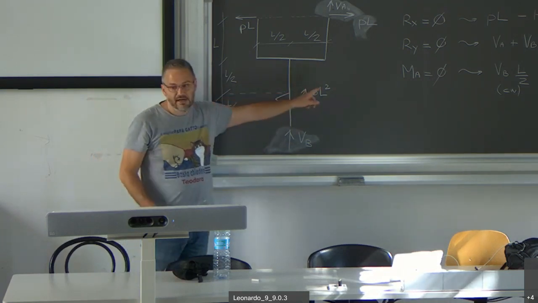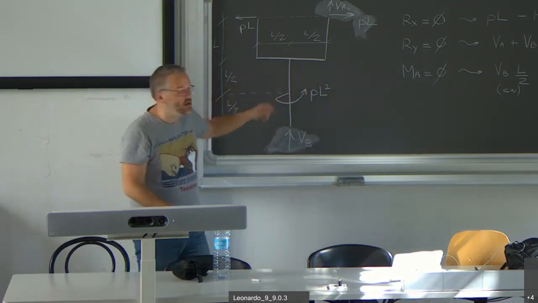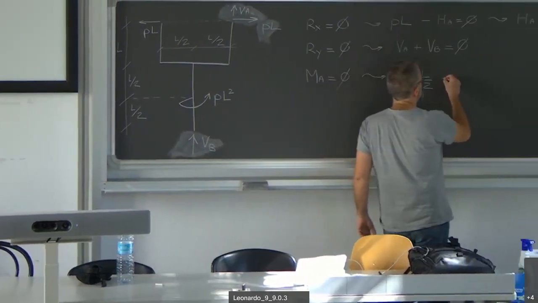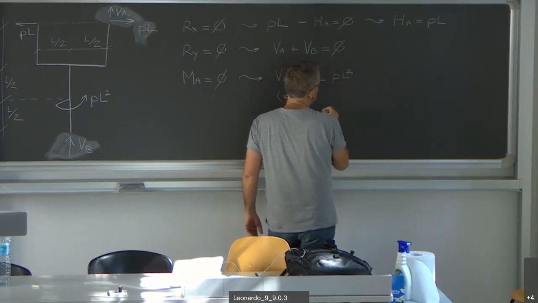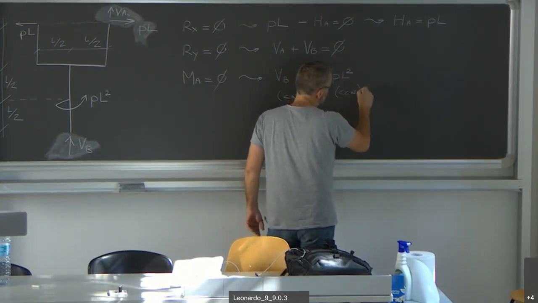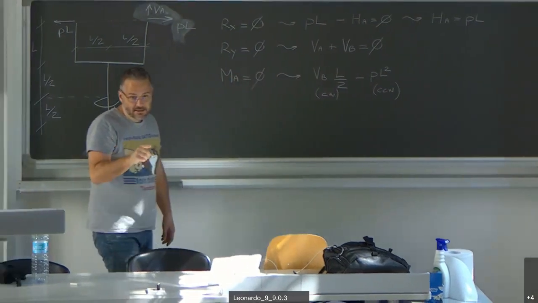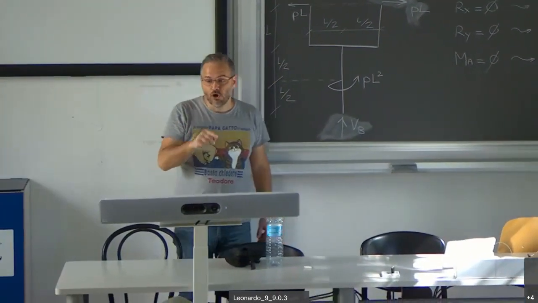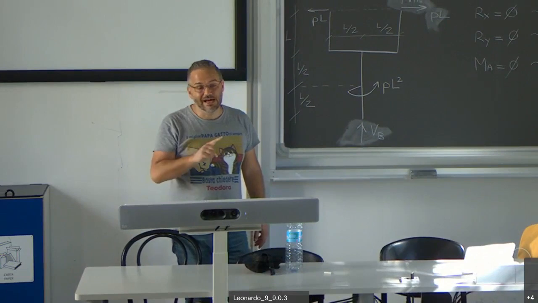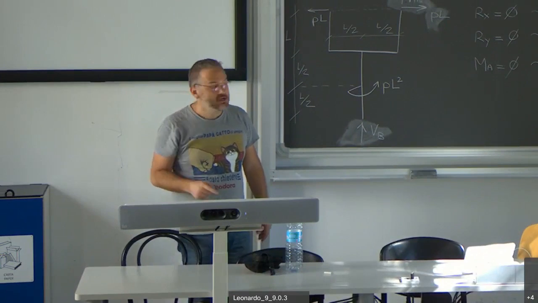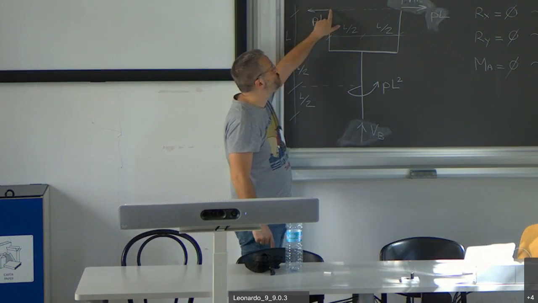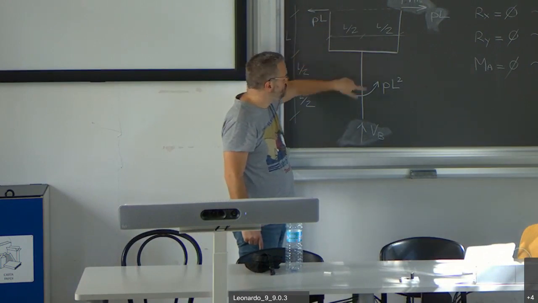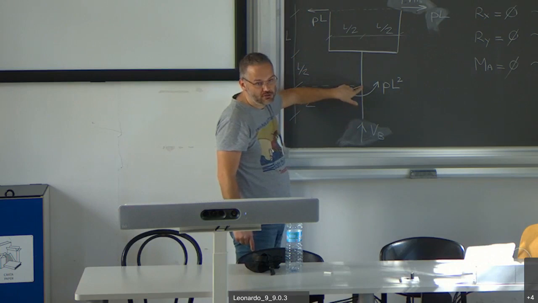This PL square is clearly counterclockwise. It is always present in equations, regardless of the reference point you use. So if you write the equilibrium equation with respect to this point, this point, this point, and also this point, it always plays a role, which is constant and does not depend on the reference point you choose.